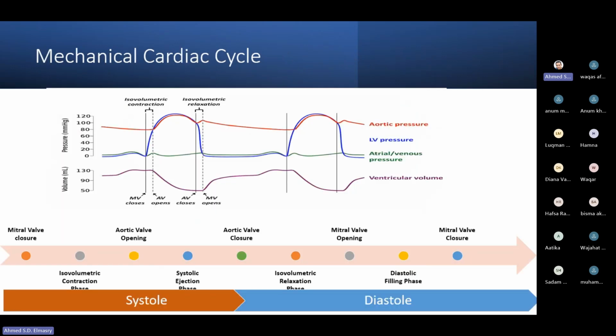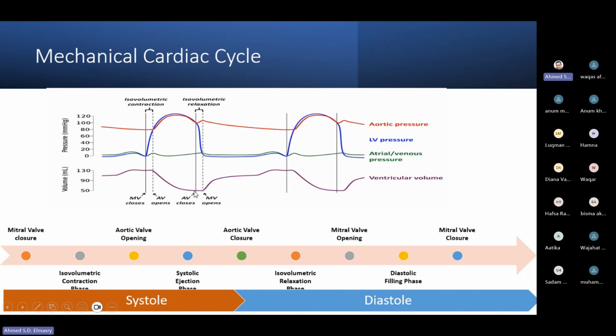And this will happen during the diastolic filling phase. When the mitral valve starts opening, it starts filling the left ventricle with blood, and you will notice that the left ventricle volume, this is the volume inside the left ventricle, will increase gradually till it reaches the maximum here, which is the end diastolic volume.